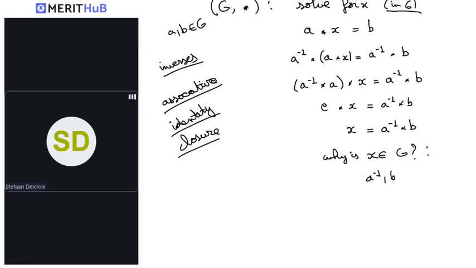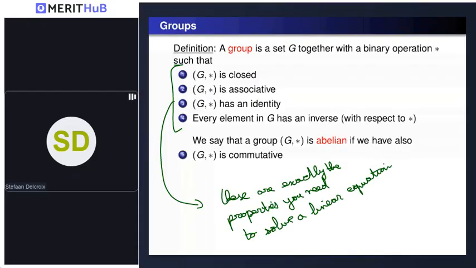A inverse and B are in G, so if you use closure, then A inverse operation B is back in G. So the very natural way of solving a linear equation requires you to have inverses, be associative, have an identity, and have closure. That's, in my opinion, why we study sets that have these four properties, because now we can solve linear equations. So that is called a group.